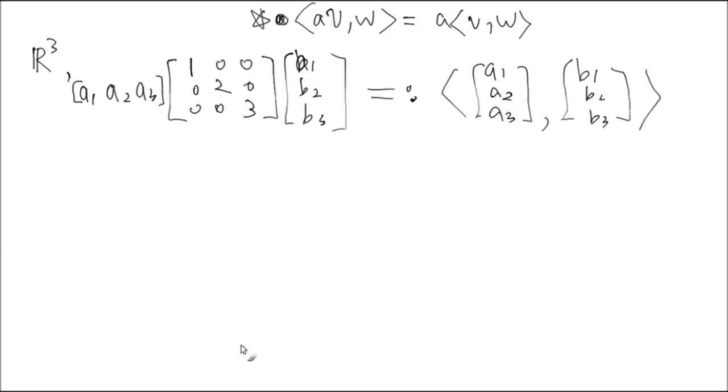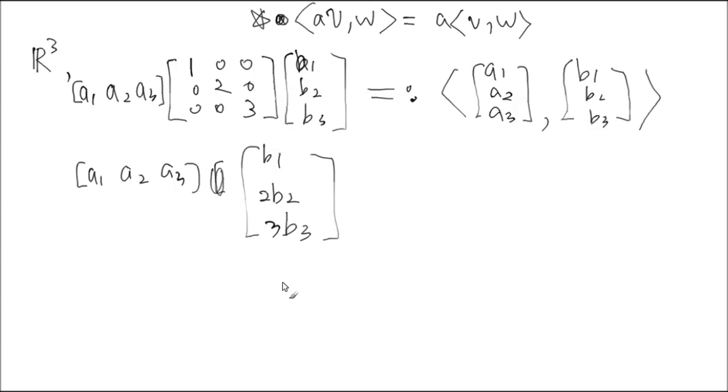This is a definition, okay? So I'm going to show you. We're going to multiply. What happens if it is multiplied like this? Let's multiply this one first. You see that? That was a column vector. What is it? B1, 2B2, 3B3, right? If you multiply these two, you further multiply it, what do you get?